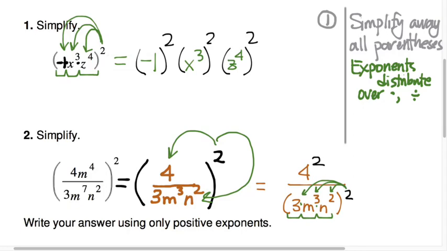And that's going to give me then 3 squared times m to the 3rd power squared times n to the 2nd power squared. And we've gotten all this way with the only tool that we've needed was this distributive property, that exponents distribute over multiplication and division.